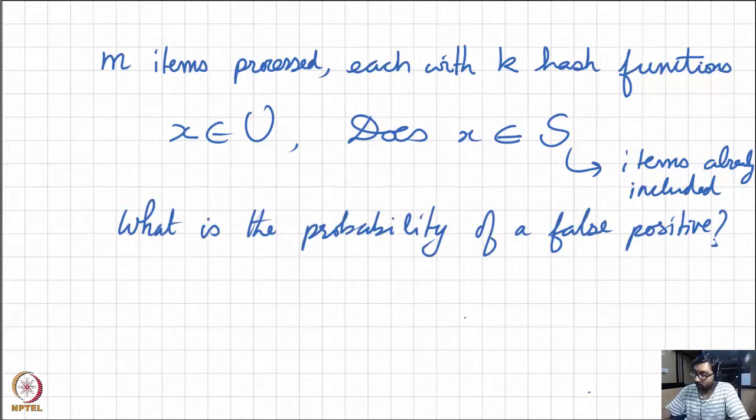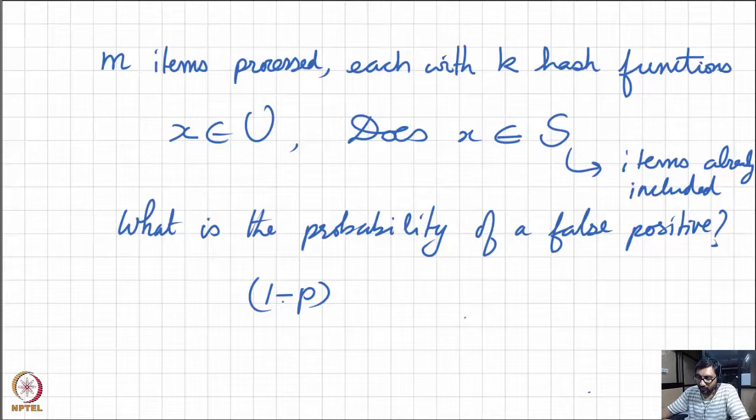Each time we hash x with probability 1 minus p, we're going to land in a cell that's already set to 1. And keep in mind that we are, for our current purposes, assuming that x is not already in S, but we are using hash functions that obey the simple uniform hashing assumption.